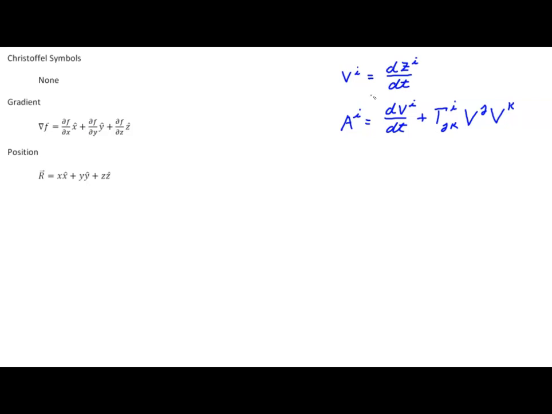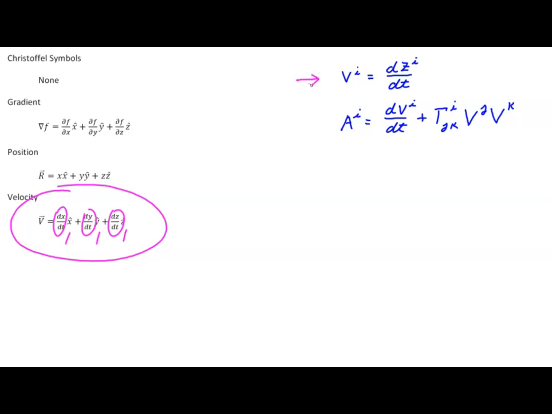So for velocity, all we're doing is to take the derivative of each of our coordinates with respect to t, and we'll use those values to form a linear combination. And that's what we have here. We're simply taking the time derivative of x, y, and z one at a time, combining them with our basis vectors to form a linear combination. And that derives from this expression right here.